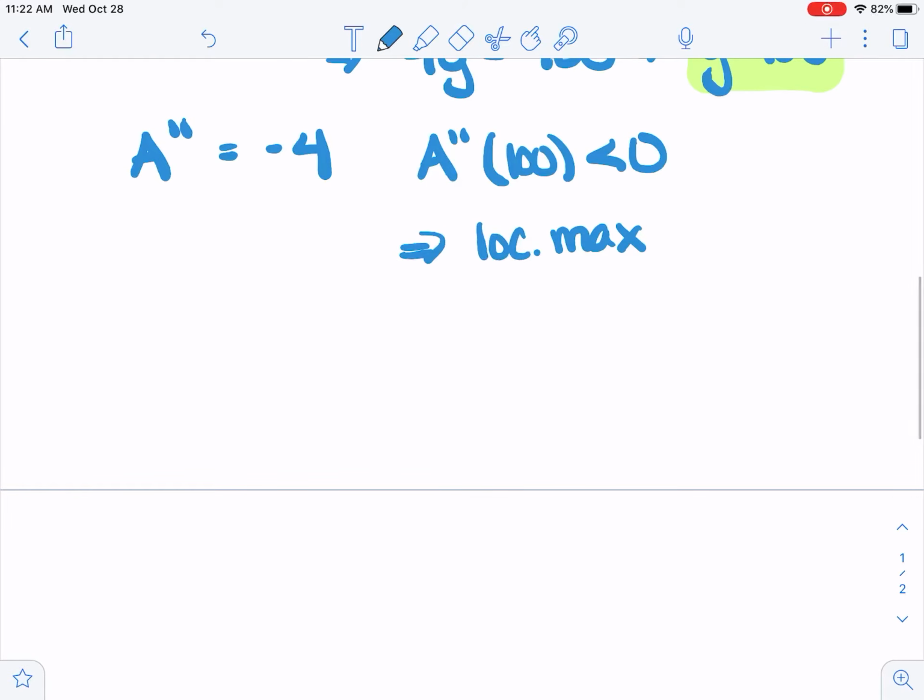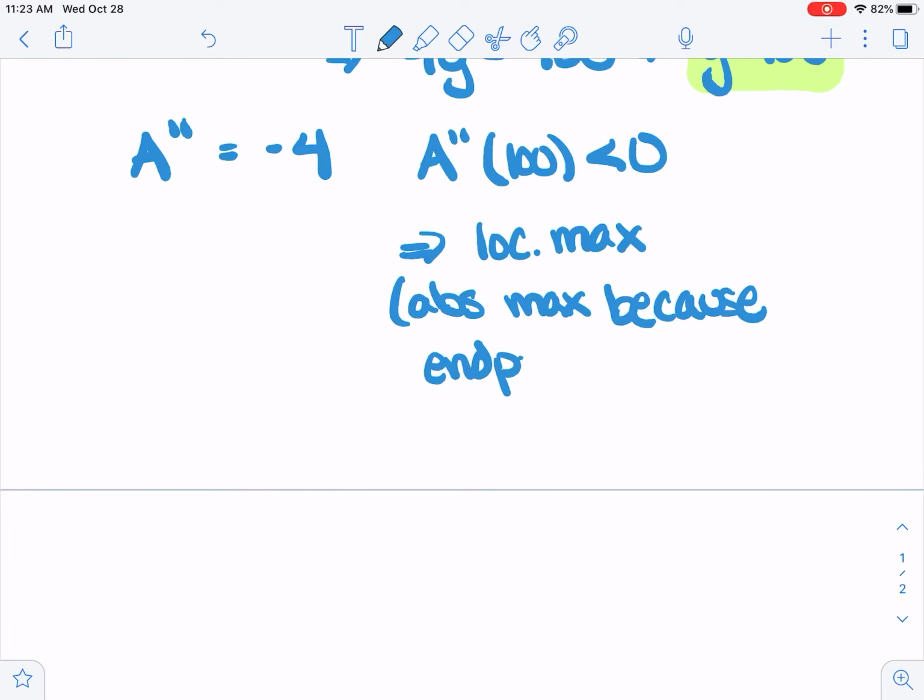It's going to be our absolute max because the endpoints for y are y equals 0 or x equals 0.